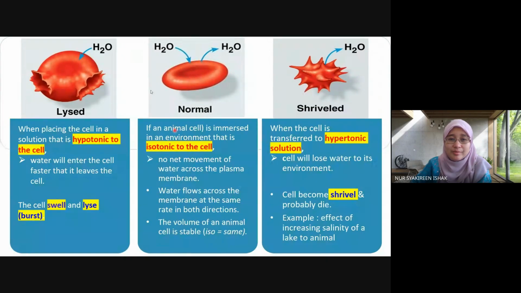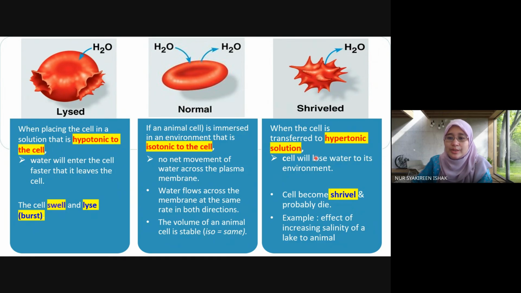Again, no net movement means that the water diffuses into the cell and out of the cell at the same rate. Same amount, same rate. So water flows across the membrane at the same rate. Highlight here. Because the water moves in and out of the cell at the same rate, it maintains the volume of the cell. Iso.